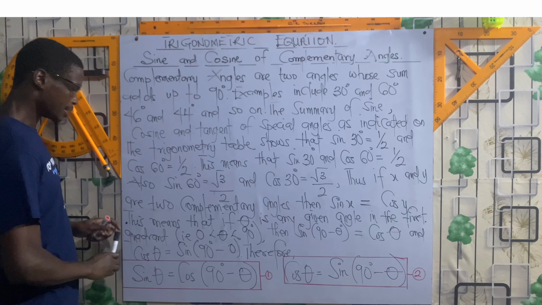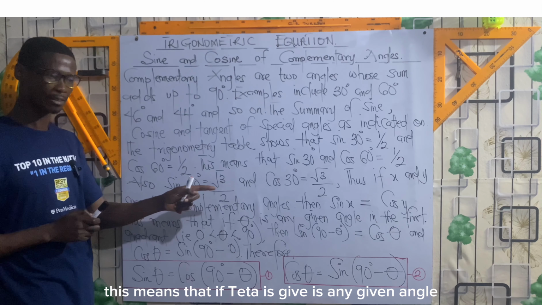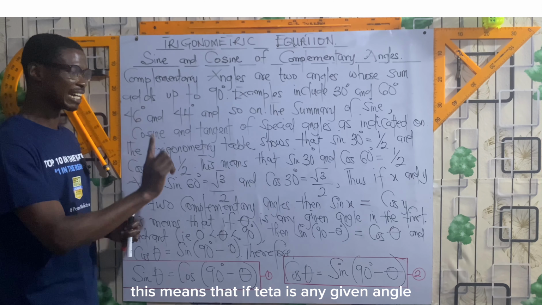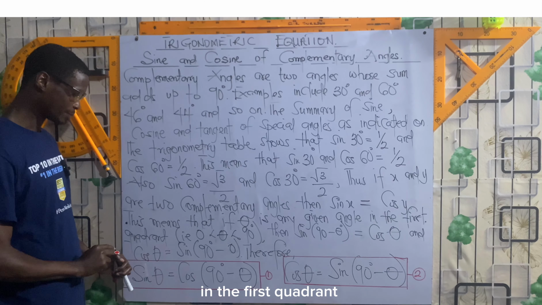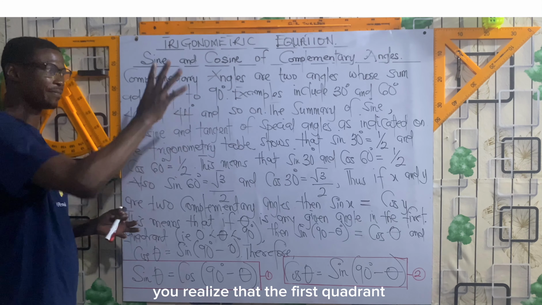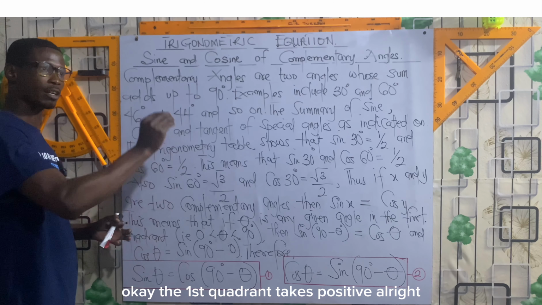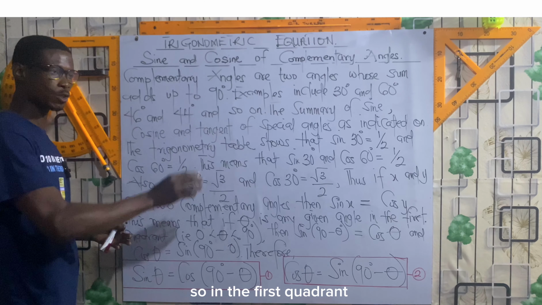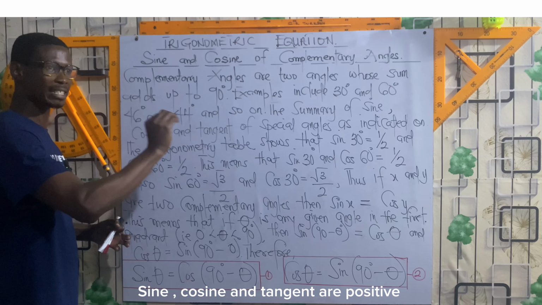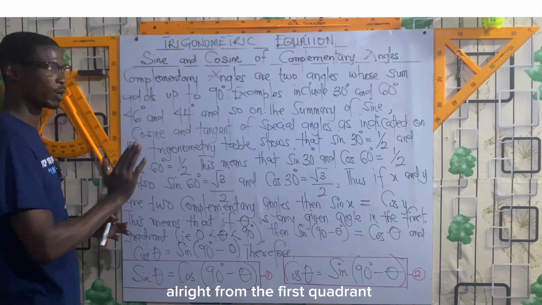This means that if theta is any given angle in the first quadrant, when you look at the Cartesian plane, the first quadrant takes positive values. So in the first quadrant, sine, cosine, and tangent are all what? Positive values.